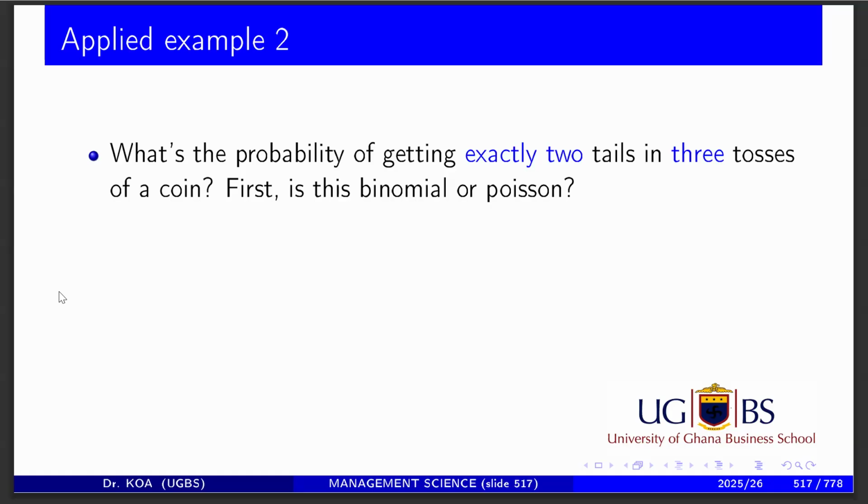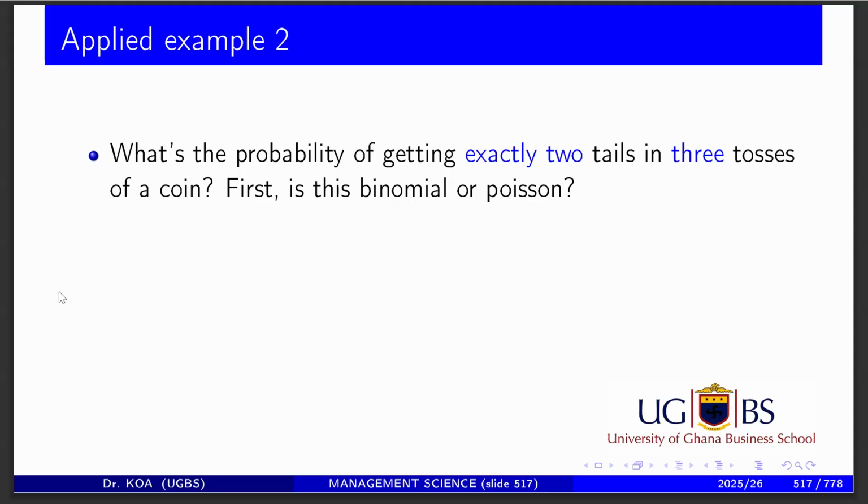Okay, so we are looking at the probability of success or failure, and we also have a finite number of trials. How do you know that you are looking at probability of success or failure? We are looking at the probability of getting exactly 2 tails in 3 tosses. So what is the success here?